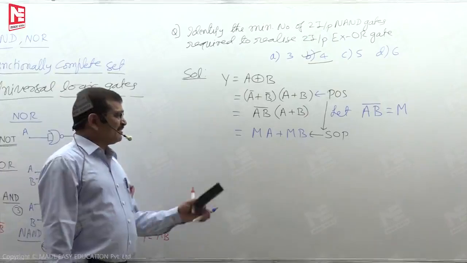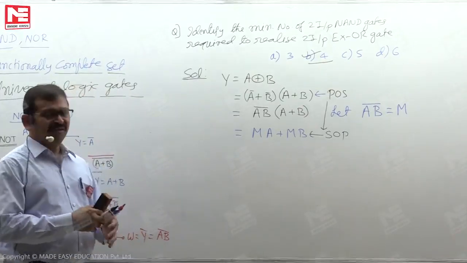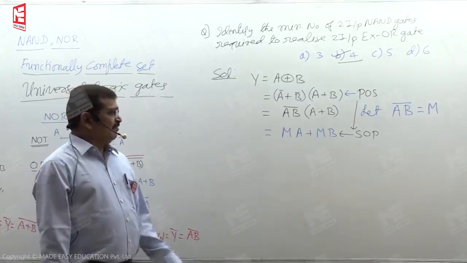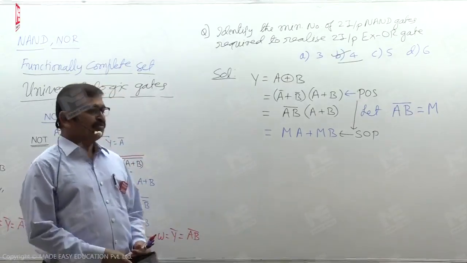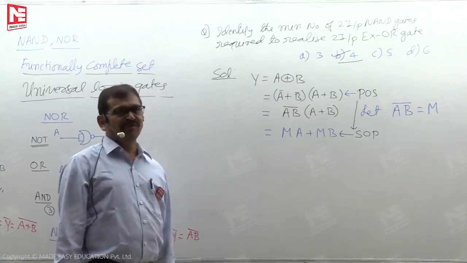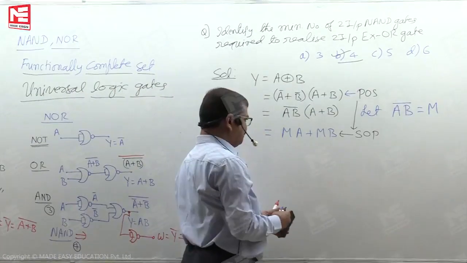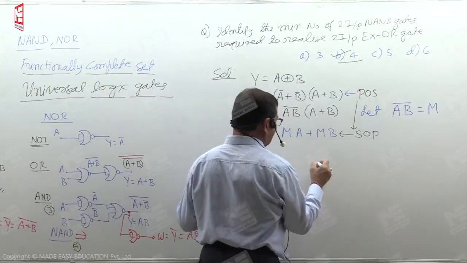Now, with the knowledge we learned while working on one of the previous examples, once it is an SOP expression, we have the possibility to implement it by using a two-level NAND-NAND circuit. As it is this expression, we can implement it with a two-level NAND-NAND circuit.